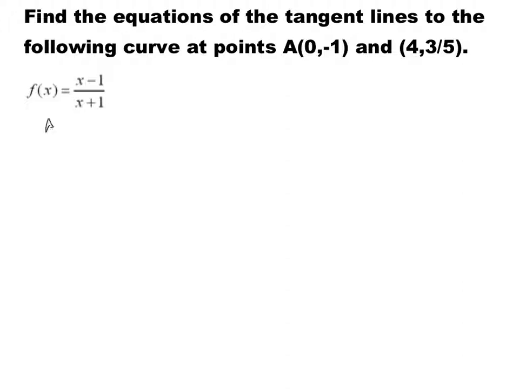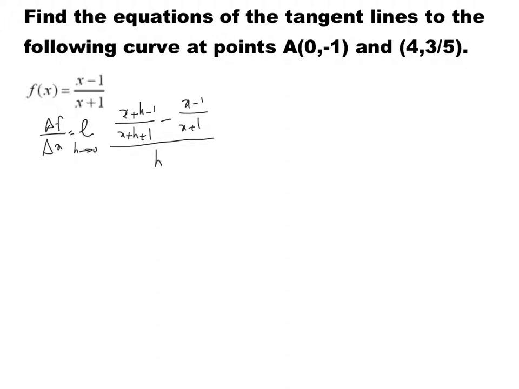So I'm going to write delta f over delta x is equal to the limit as h goes to 0 of f of x plus h, so it's going to be x plus h minus 1 over x plus h plus 1, minus f of x, which is x minus 1 over x plus 1, all over h.